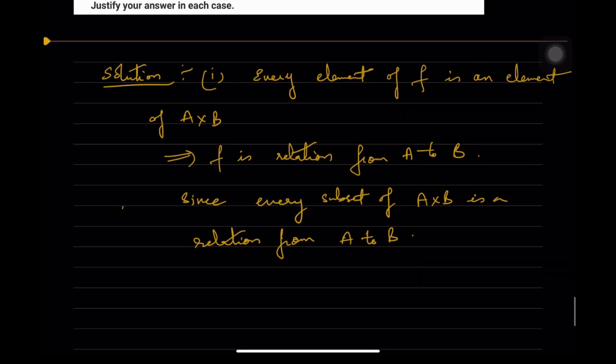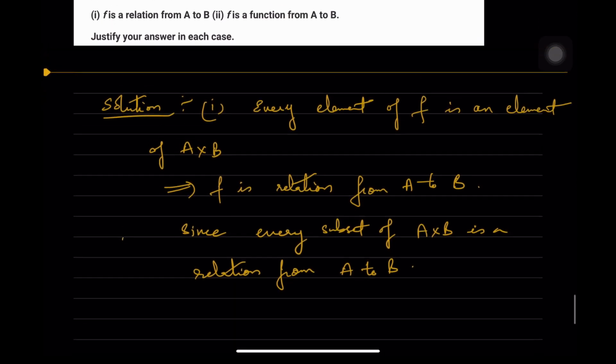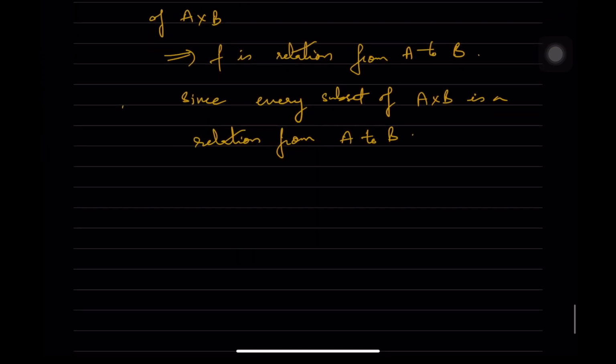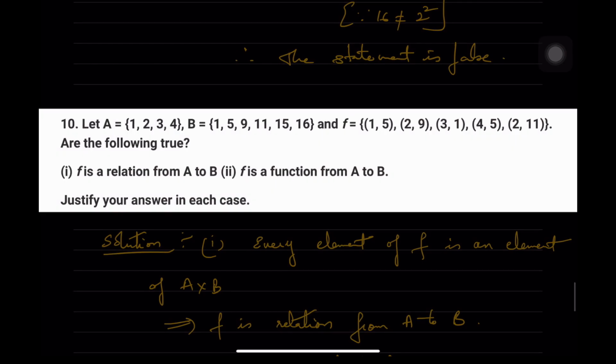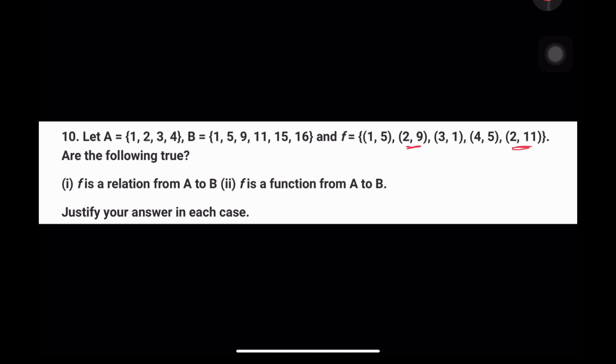So now going to the next, the second, we have to show whether F is a function from A to B or not. When you're taking this F, you can see that (2, 9) and (2, 11) both have the same domain, that is 2 is there in both of them. That means both belong to F, but F has the same first entry, that is 2 and 2.